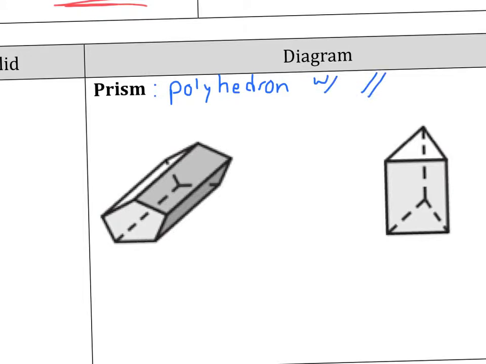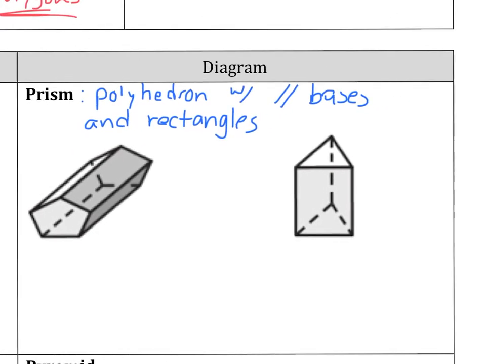It has parallel bases (the w with the slash means "with"), and rectangles for lateral faces. I know, it's such a crazy definition. Lateral faces.